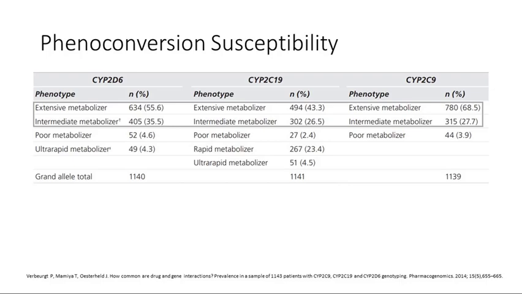If you're already a poor metabolizer, you're really at the bottom, and adding an inhibitor isn't going to cause much of a change. So maybe in that context, it's not a drug interaction.